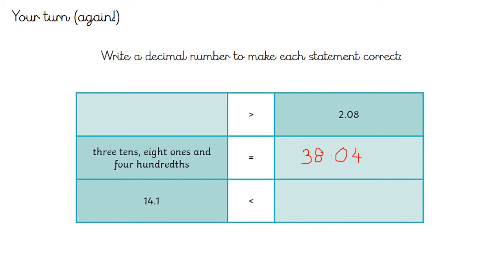In the next one, you've got 14.1, which is less than any number bigger than 14.1, so it could just be 14.2, or it could be 900.9, or it could just be 15.3. So any number greater than 14.1. Okay?